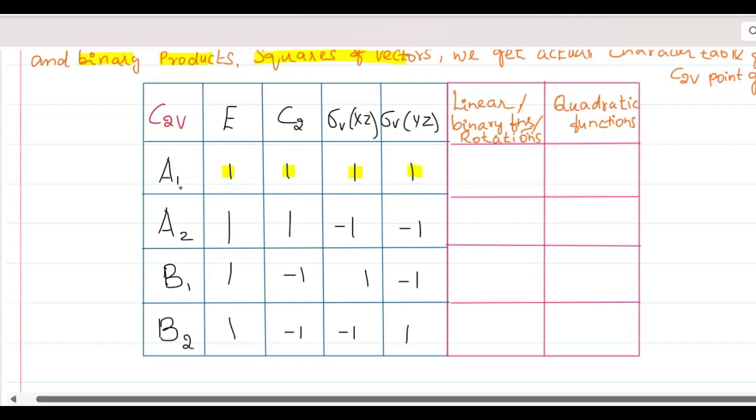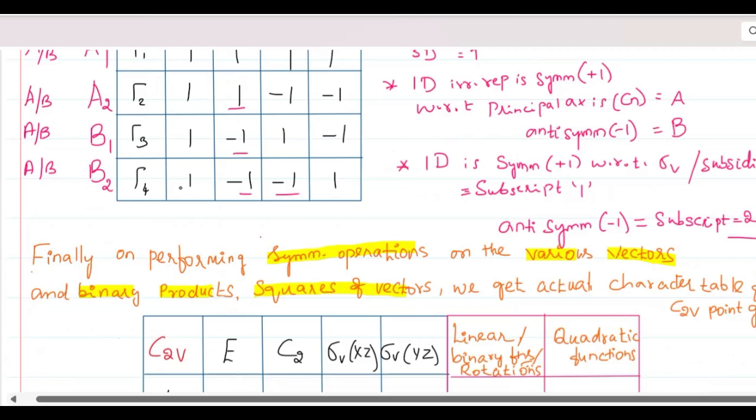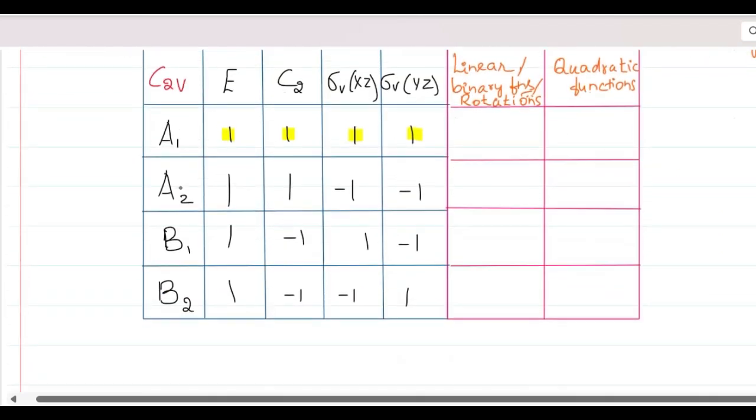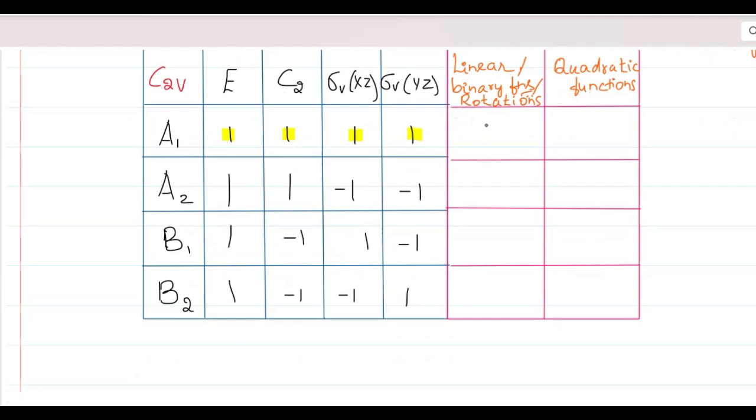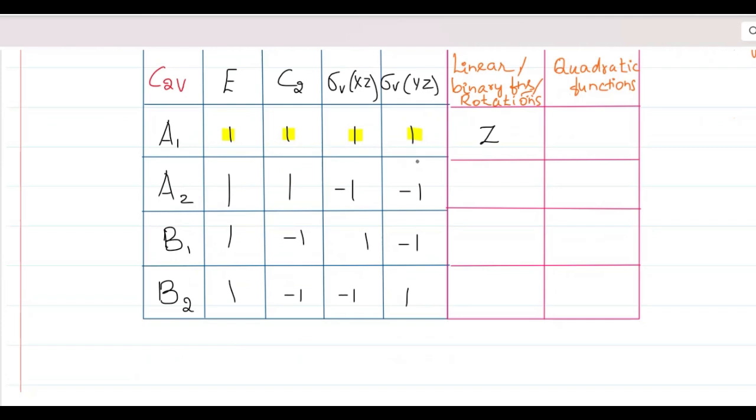And the Mulliken symbols, as discussed, are A1, A2, B1, and B2. So for the various linear, binary and rotation functions, these are the characters which have been obtained for the symmetry operations. For Tz, that is z, we get the symmetric characters 1 1 1 1.